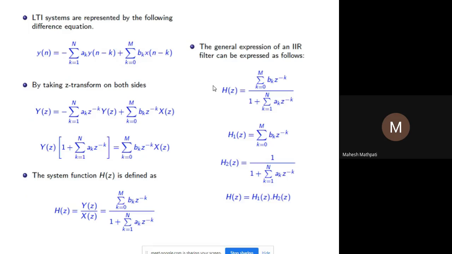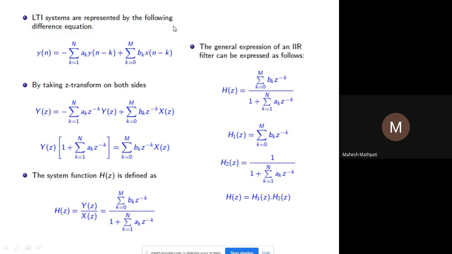Then we will write these equations first. This is a generalized expression for the difference equation of an LTI system, which we have already seen.